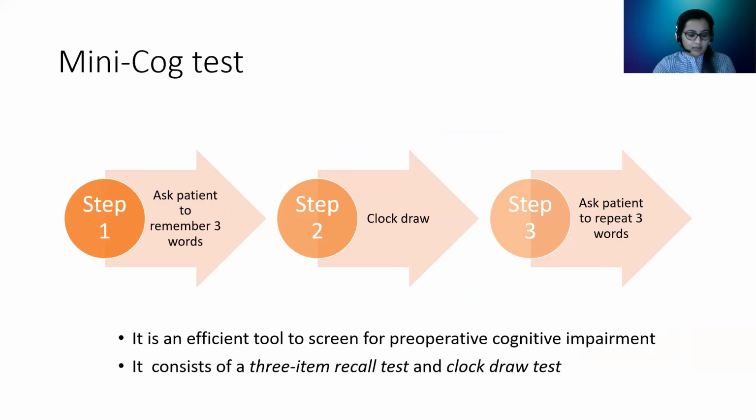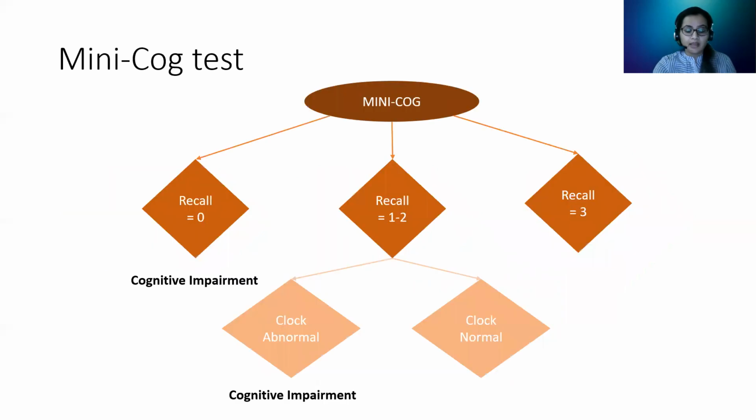In step 1, the patient is asked to remember 3 commonly used words, and then the patient is asked to draw a clock, after which the patient should be asked to repeat those 3 words as given in step 1. Cognitive impairment is considered in those patients who are not able to recollect any of these words or can recall 1 or 2 words but are not able to draw the clock properly.